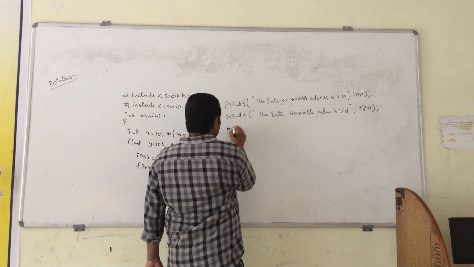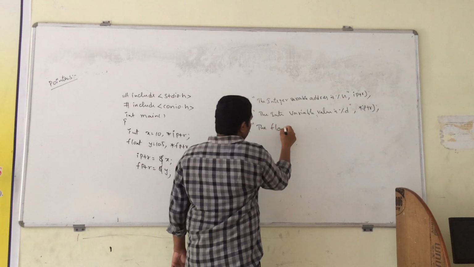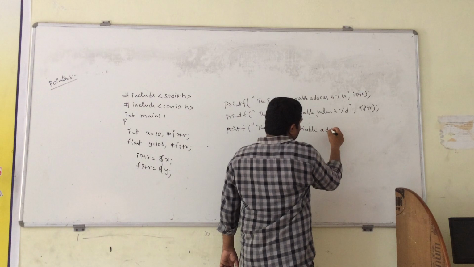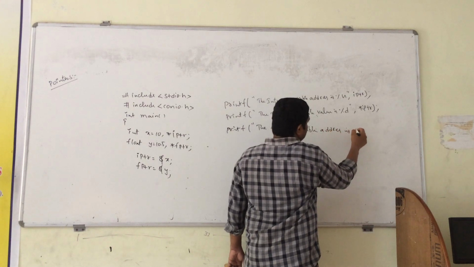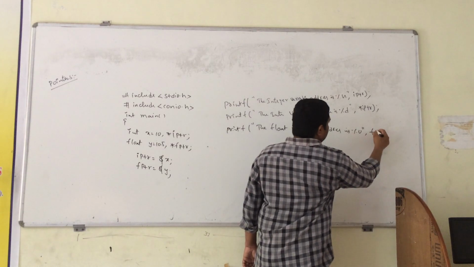Similarly, printf: The float variable address is %u, fptr.